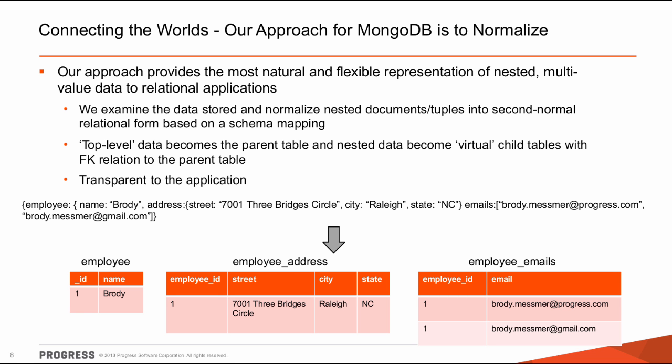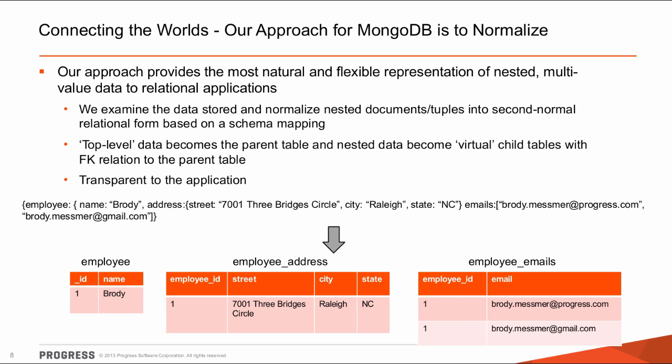For those of you who are familiar with relational products and know normalization, this is really about providing a capability to represent that data in second normal form, where, with that same example that we saw on the last slide that was flattened, pieces of that employee JSON document get mapped into an employee table. So in this case, name would get mapped into that top level parent table.